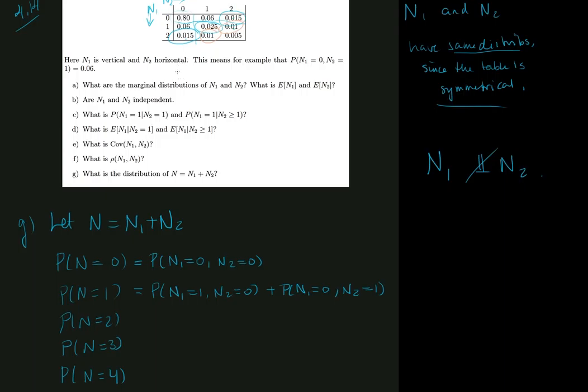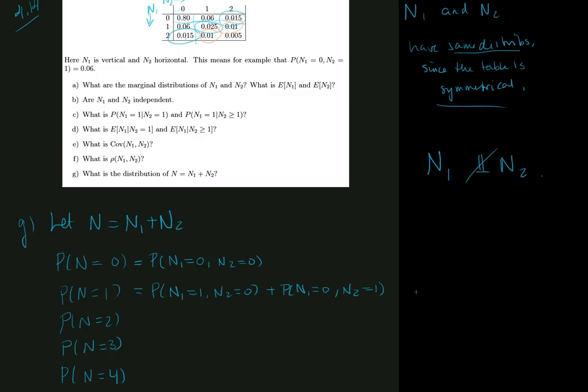So what we notice here, first of all, is we cannot use the convolution formula. First of all, it's not that relevant for us here because we do have the joint probability. And secondly, because the convolution formula from the book needs N1 and N2 to be independent, which they are not.